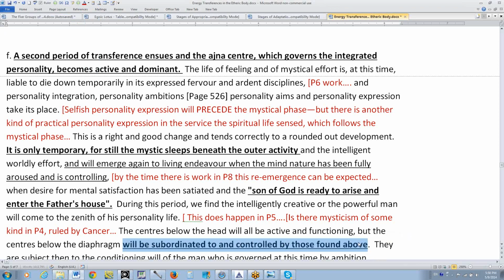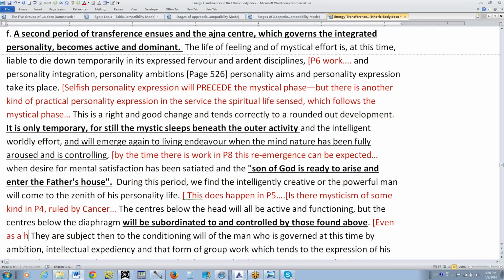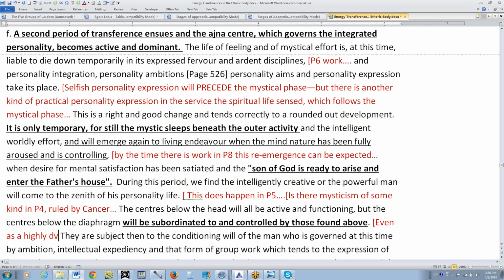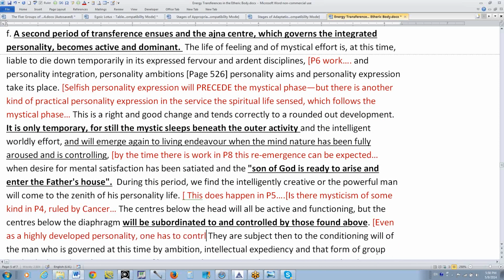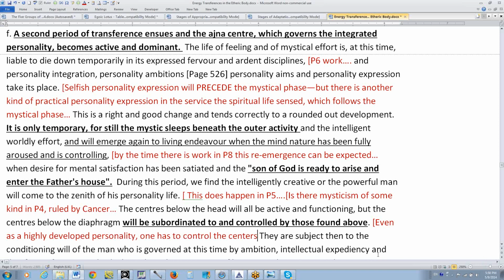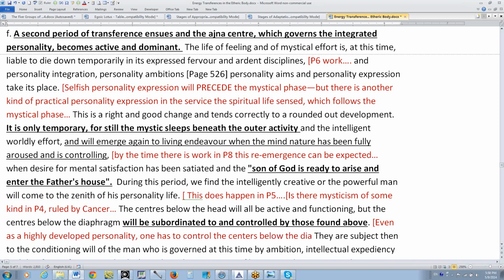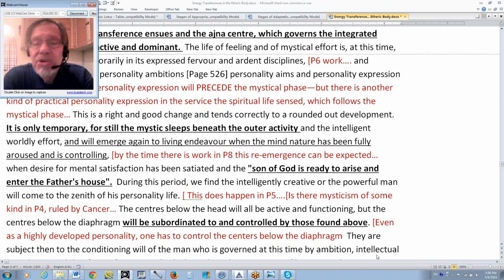And even as a highly developed personality, one has to control the centers below the diaphragm, because they will not be so useful in achieving true personality success of the higher kind, let's say.